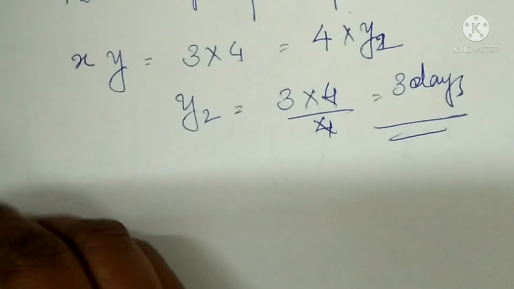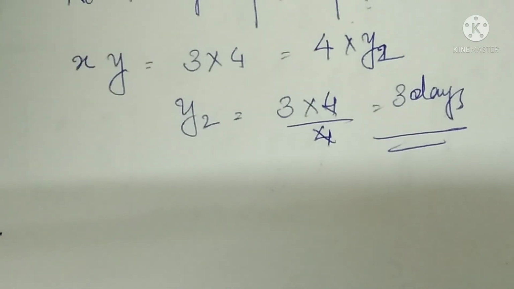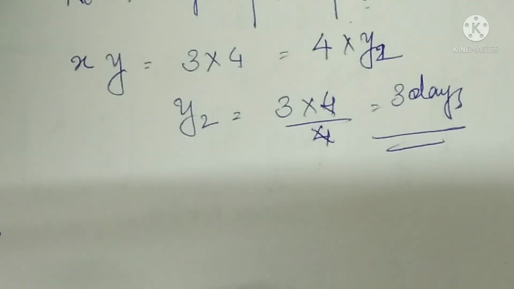Now question number 7 is, a batch of bottles were packed in 25 boxes with 12 bottles in each box. If the same batch is packed using 20 bottles in each box, how many boxes do you need? Means there were bottles which need to be packed.